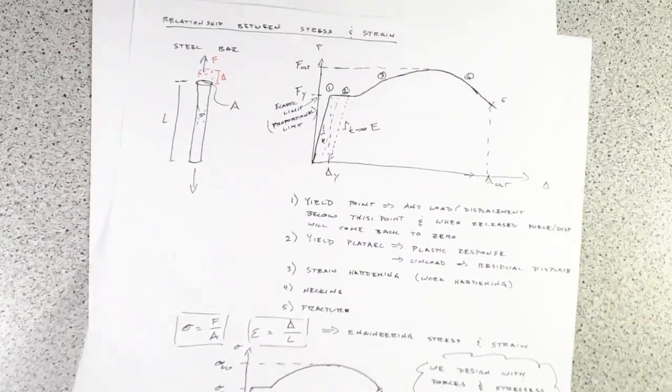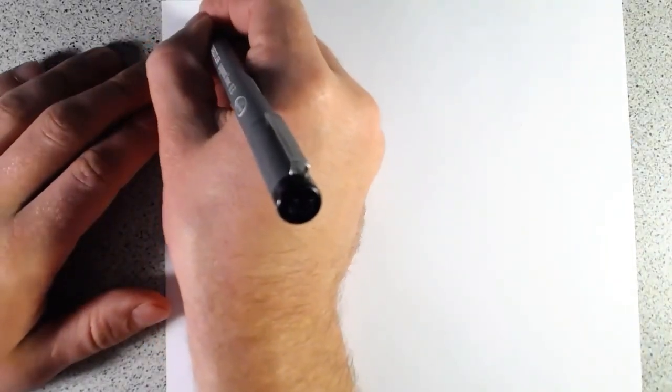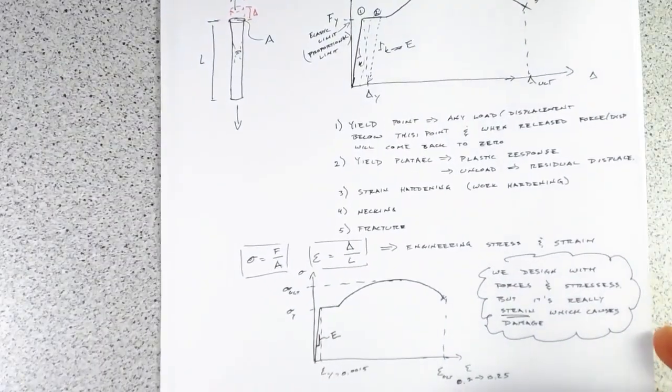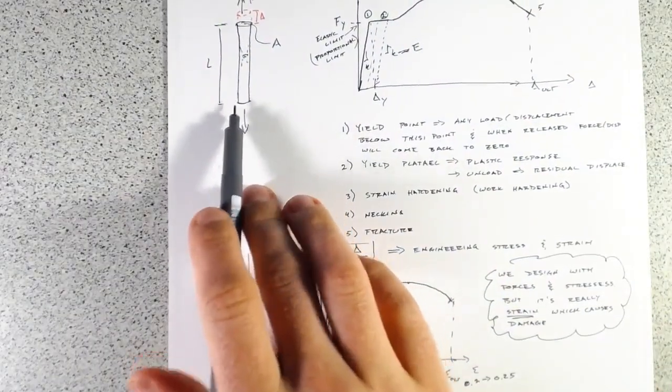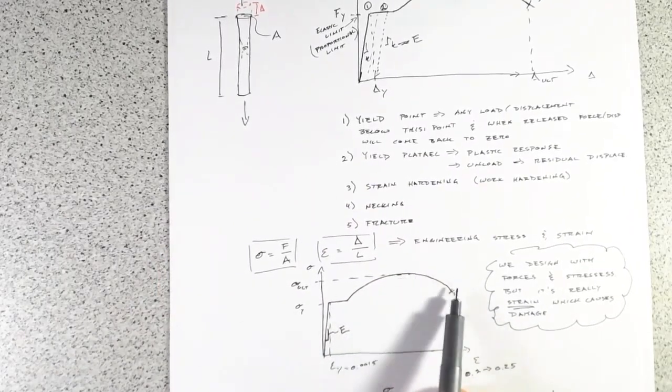Let's talk briefly about engineering strain and Poisson's ratio. As I said, in these relationships we were assuming that the cross section never changed, not really until the necking portion.